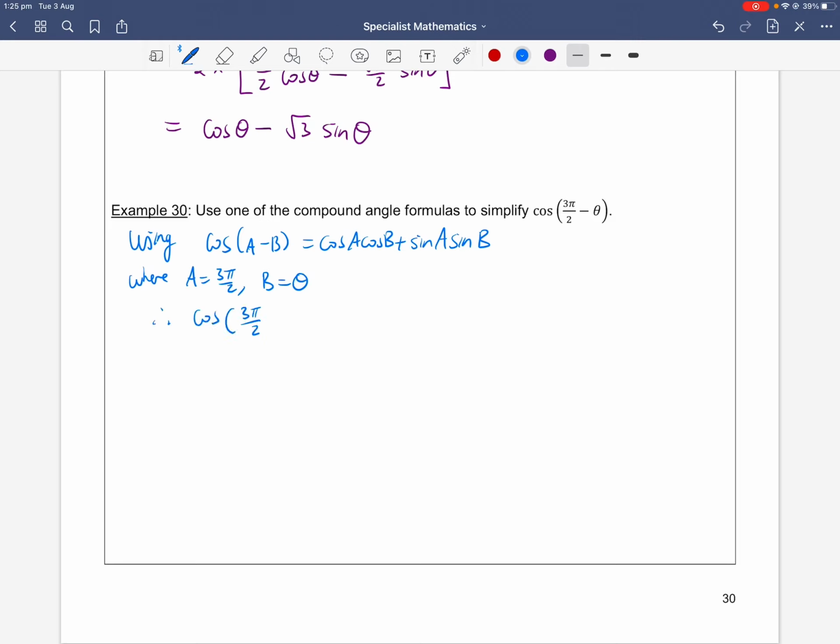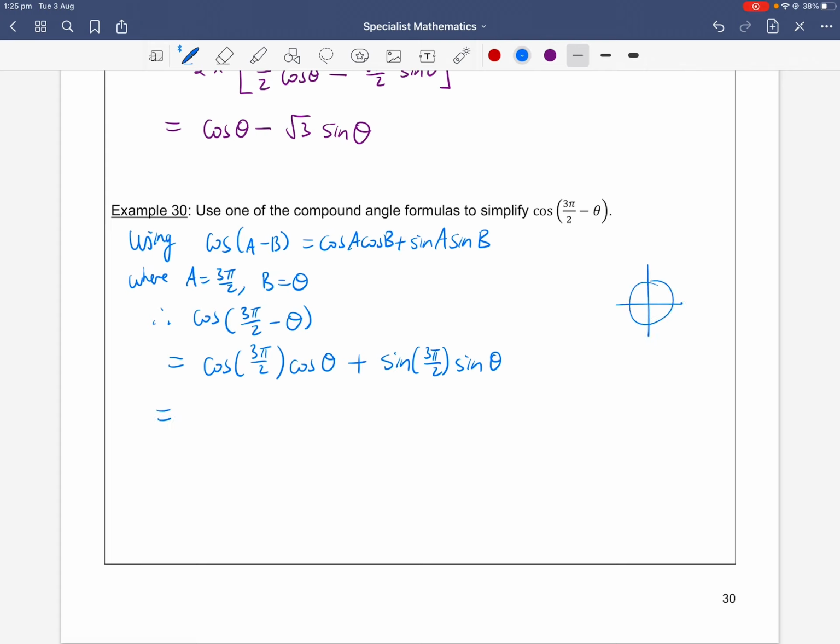So in other words, cos of 3 pi on 2 minus theta. Let's apply our formula. Cos A, so that's cos of 3 pi on 2 times cos of B, so cos of theta, plus sine A, so that's sine of 3 pi on 2 times sine of B, in other words, sine of theta.